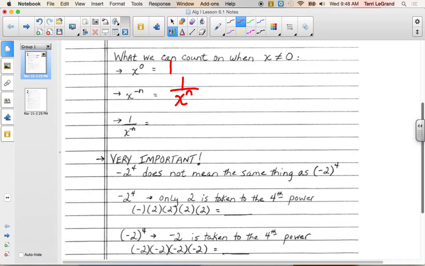And then our last one, what if the negative power is in a denominator? How can we rename 1 over x to the negative n power? How can that be renamed? Look in your SQ3R, see if you have any hints to yourself in there. 1 over x to the negative n power, how can that be renamed? Not negative 1 over x to the n power.